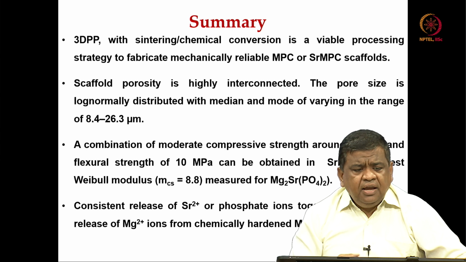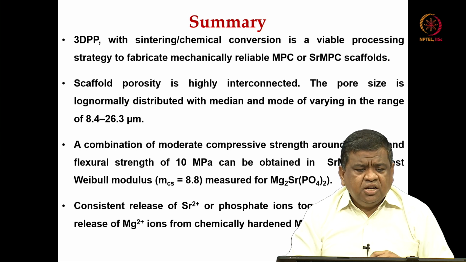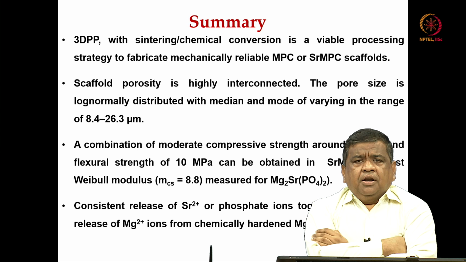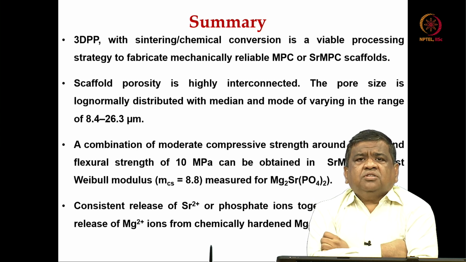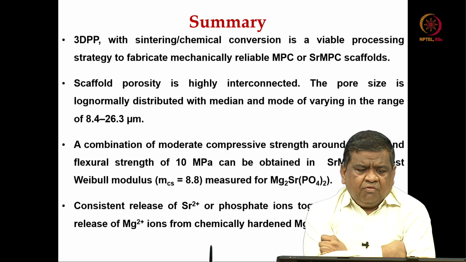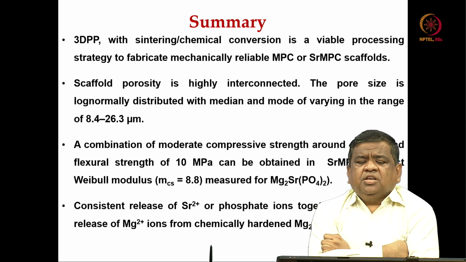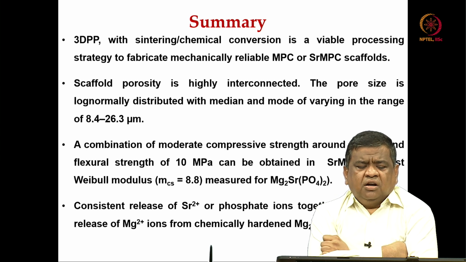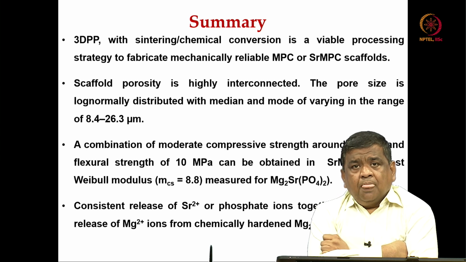In summary, 3D binder jet printing with sintering and chemical conversion was demonstrated as a viable processing approach for strontium doped magnesium phosphate scaffolds. The scaffold porosity, particularly in chemically converted structures, is very highly interconnected, and the pore size varies from around 10 to 30 micrometers.